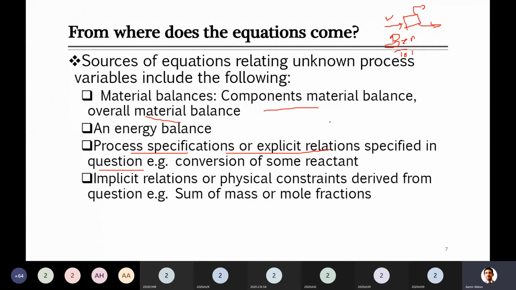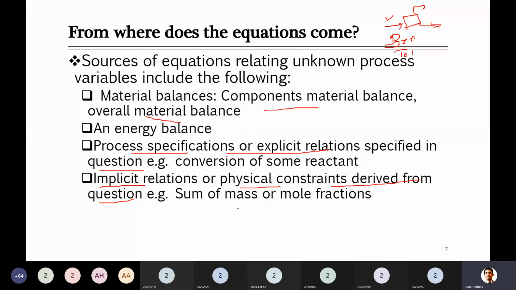Implicit relationship: anything which is not clear, hidden, but you can figure out from the system. For example, an implicit relationship or physical constraint derived from the main question, meaning you can grasp this concept from the question.